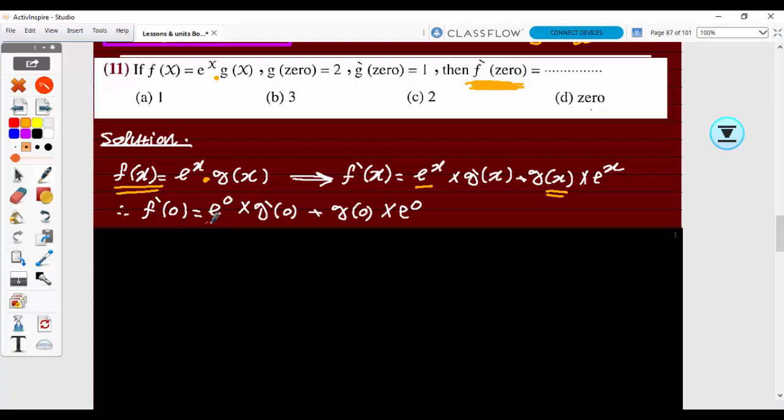So f dash of 0 equals e power 0 multiplied by g dash of 0 plus g of 0 multiplied by e power 0.